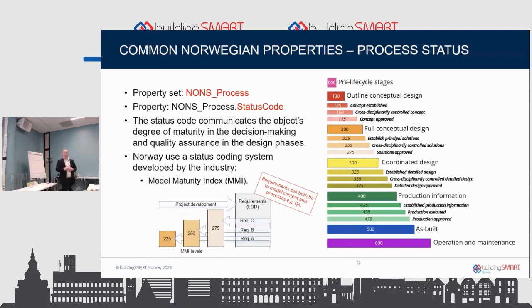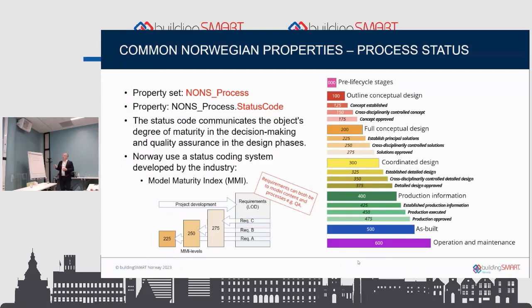So this is a coding system, and this is not the MMI. This one is actually not a Norwegian standard. It's an industry standard developed on the initiative of the contractors, but it's a cross-disciplinary effort, and we have actually been part of the group as well.